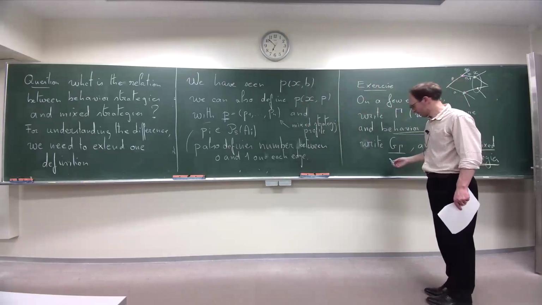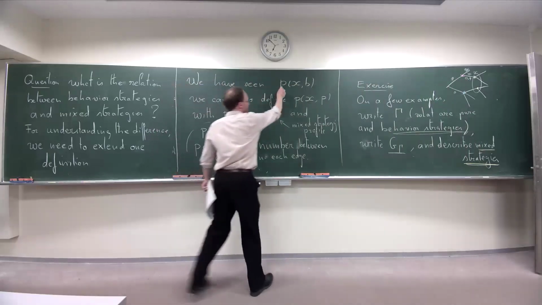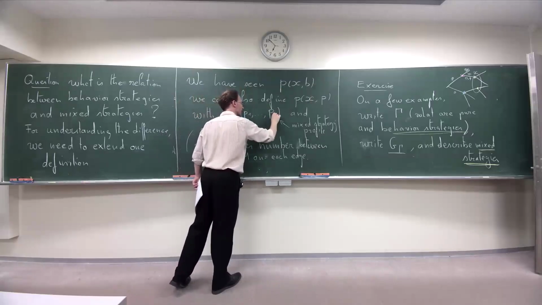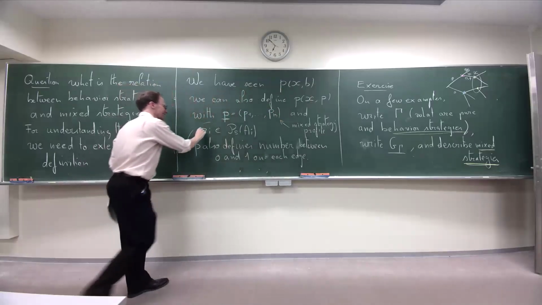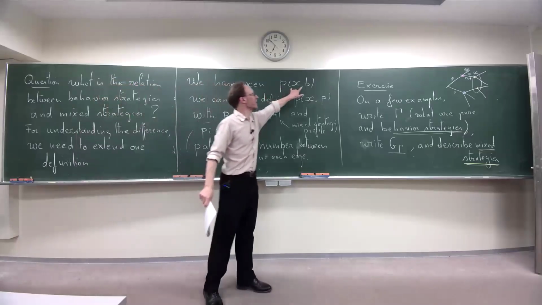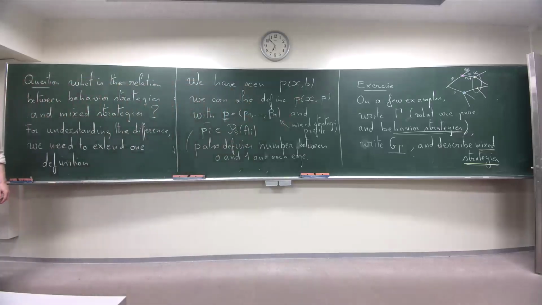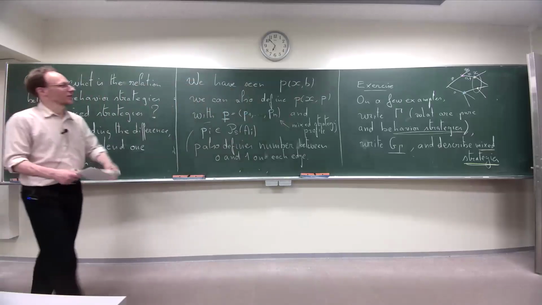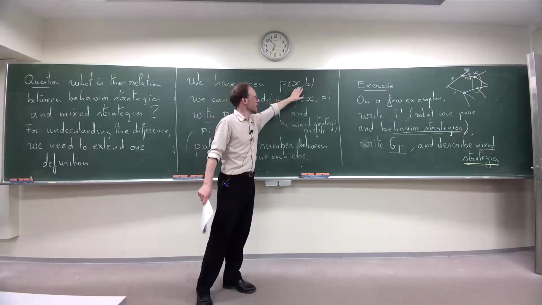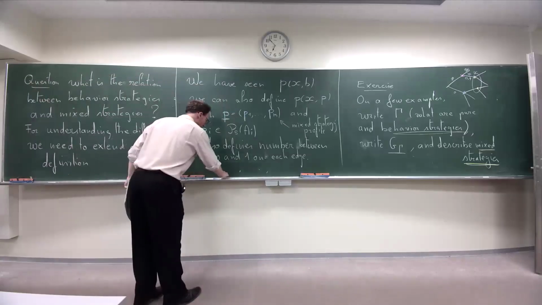Okay, we have too many P. I define this, and now, let me use a different color. Sorry. No, there is a difference because this P needs two arguments. Here I have no argument, but still it's better to use a different color. So we have defined this probability of reaching X if you follow the strategy B. This B is a behavior strategy.